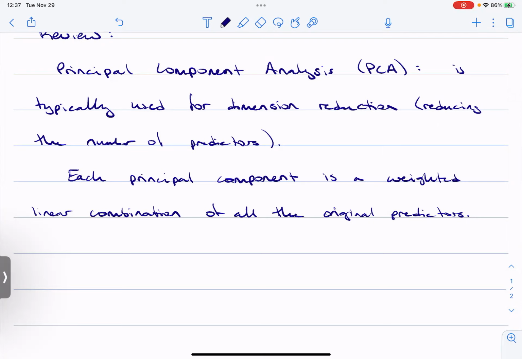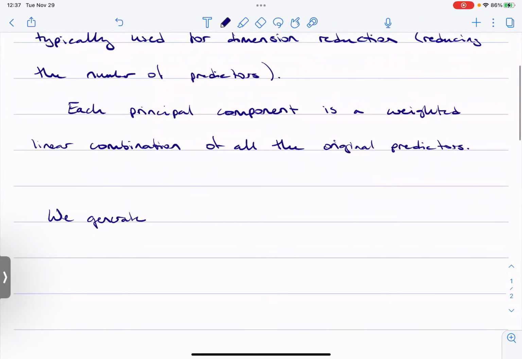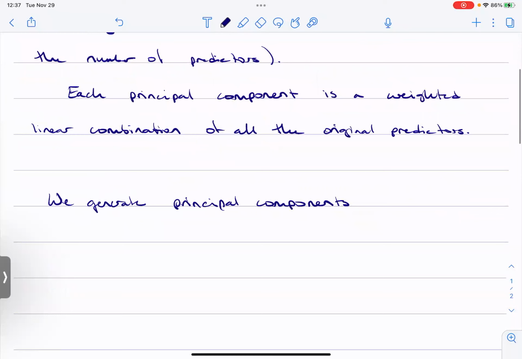And what we said was that we generate principal components for each original predictor.